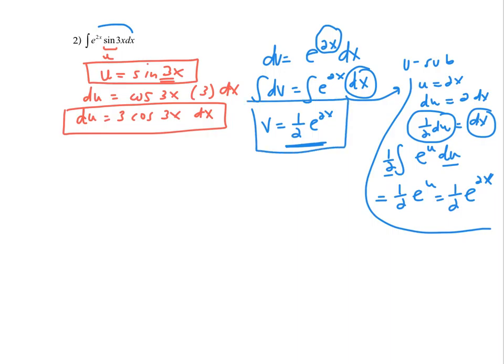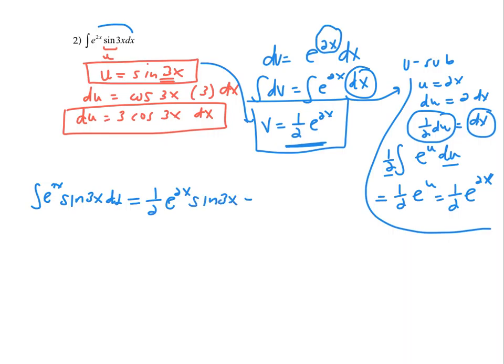All right, so now plugging it into the partial integration formula. We're going to take this integral, e to the 2x sine of 3x dx, and that's equal to u times v. So we're going to take the v, I'm going to put v out in front, 1/2 e to the 2x times sine of 3x.